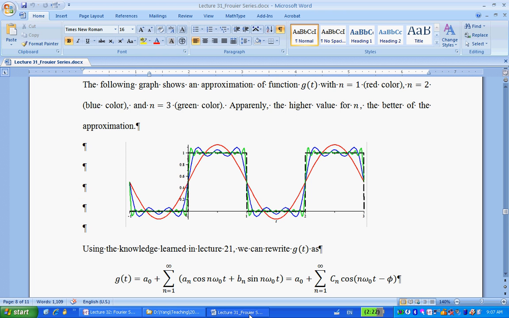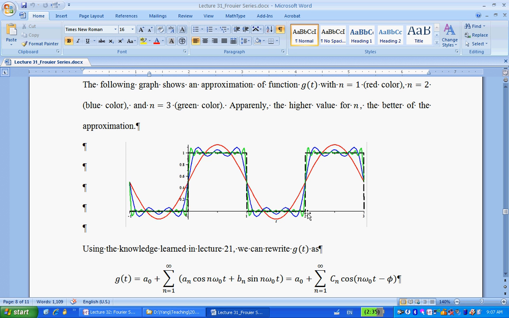So you can see, as you use more terms, the green one, with n equal to 5, is a better approximation.